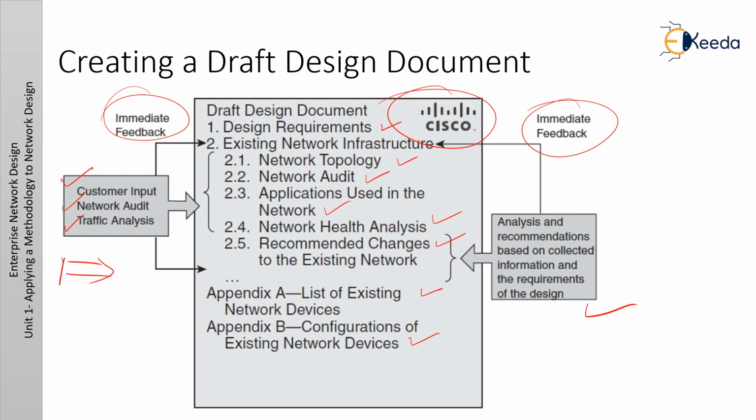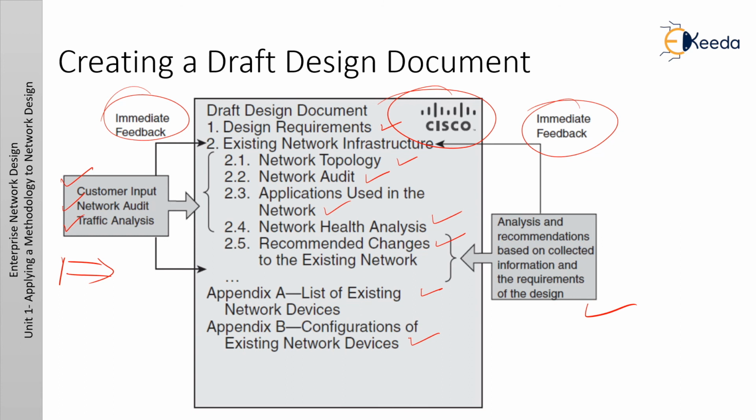So suppose you want to do something for your own organization, okay? You are an owner of your organization, or you are an engineer of your organization. You want to implement quality of service parameters. For this purpose, you need to propose a particular thing, and you need to take the feedback from the customer, network audit, and traffic analysis also.